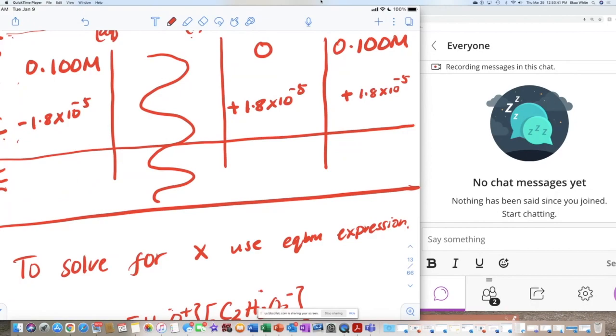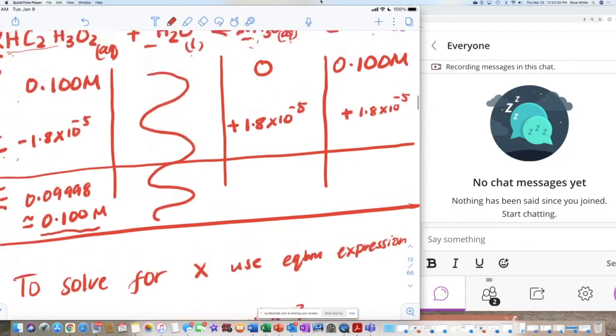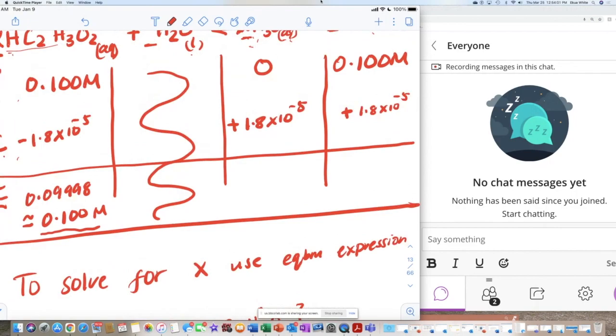0.100 minus 1.8 exponent negative 5. Okay, here I get 0.09998, which you can approximate to 0.100. Okay, this is why it's okay for us to round off. And then here, same thing. Well, I guess you're adding, so it's kind of different. Here it's going to be 1.8 times 10 power negative 5, right?